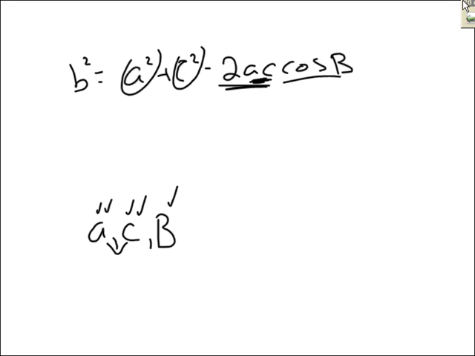So if you know the right-hand side is 25, then you know what B is. It's the square root of 25 or 5.